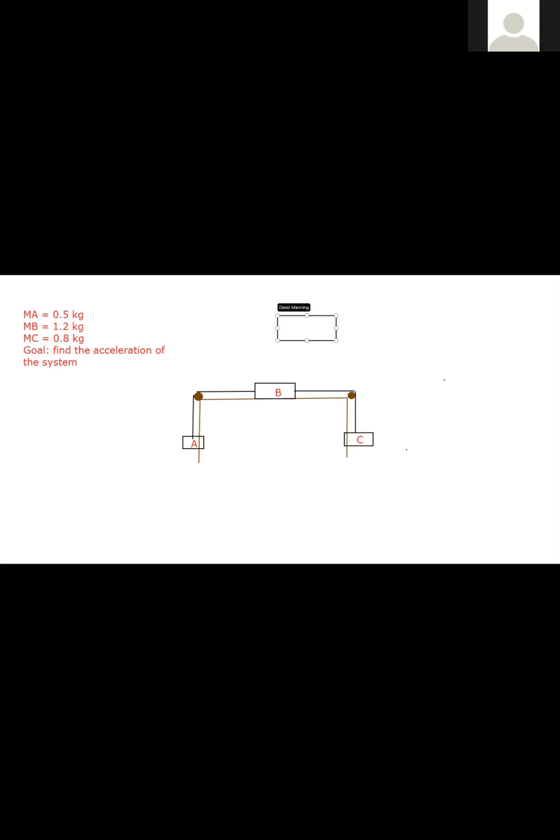I'm just going to increase the size. So what's being accelerated is A plus B plus C. That's our mass, right inside there.